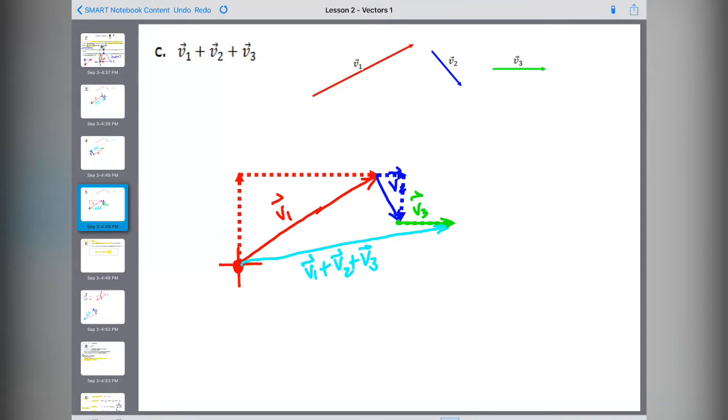If I'm able to use components very easily, like hypotenuse cos or hypotenuse sine, and gather them all together, let's take a look at all the things that are going along the x. I'm just going to take this guy. This is the x component of V1. This is the x component of V2. And this is the x component of V3.